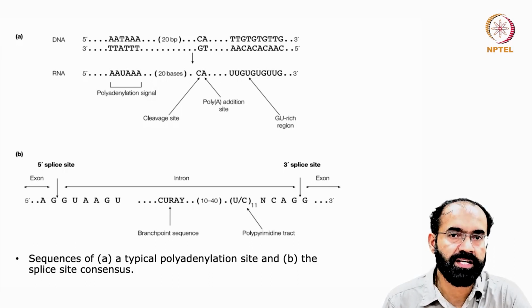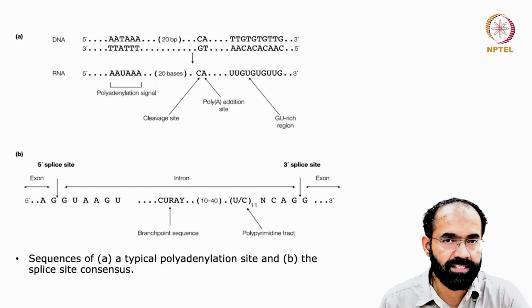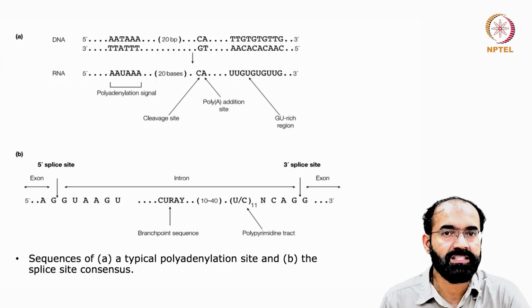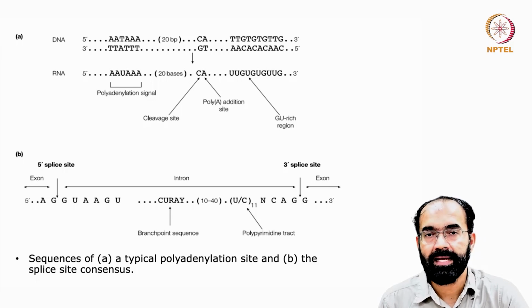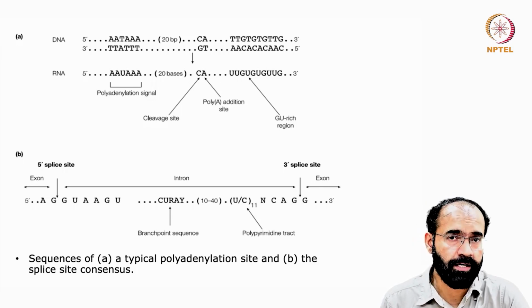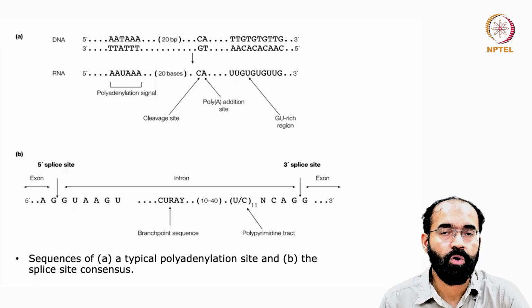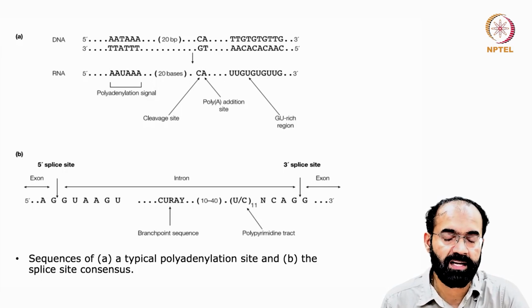Two trans-esterification reactions take place. We will see them more in detail, but more or less it is identical to that of group 1 and group 2 introns, more related to group 2 self-splicing introns which we saw in the previous class.